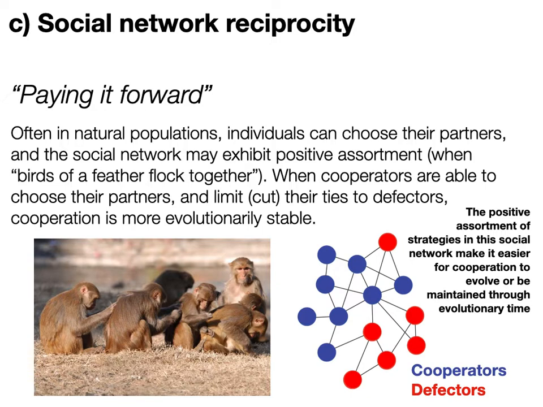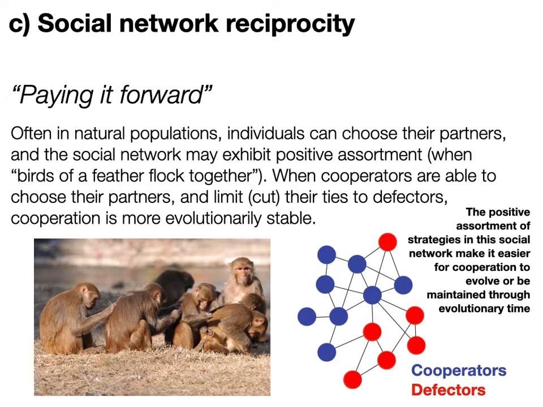But here we're saying, a lot of times animals can choose who they interact with, and that can affect the evolution of these behaviors. So if cooperators are able to choose their partners and stick together and limit or cut their ties to these exploitative defectors, that makes cooperation more evolutionarily stable.